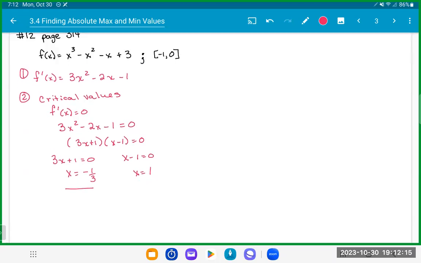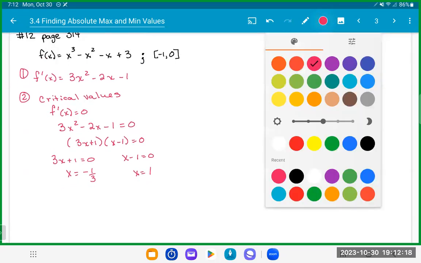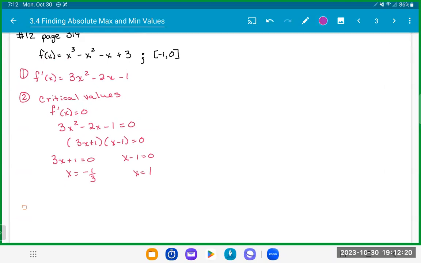Now, if you think about this, I'm going to put a little side note over here. Our critical values are negative 1/3 and 1. However, 1 is not in our domain, right?